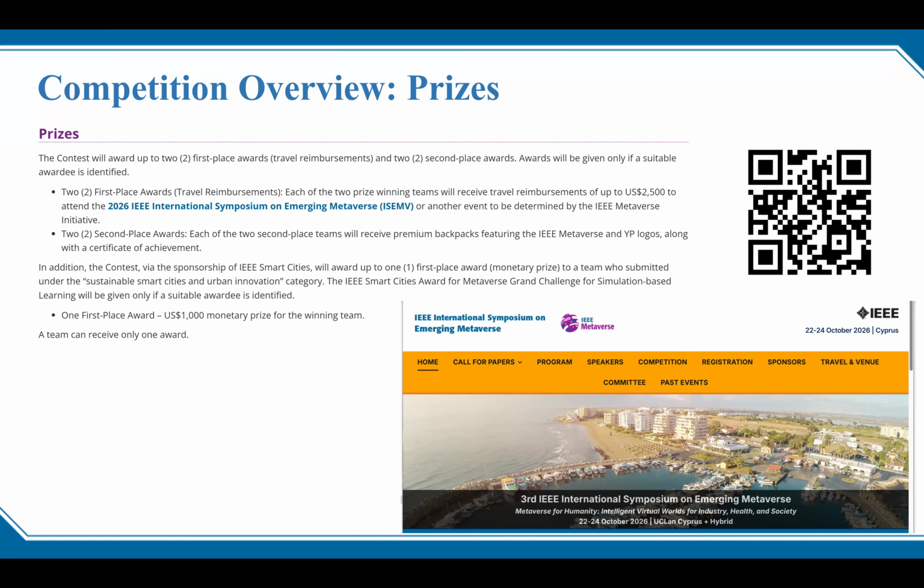We will have up to two first place teams, each receiving travel reimbursement of up to 2,500 US dollars to attend the 2026 IEEE International Symposium on Emerging Metaverse, which will take place in Kerberos this October.